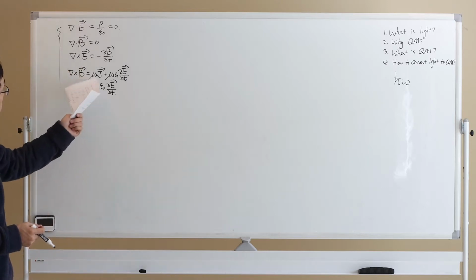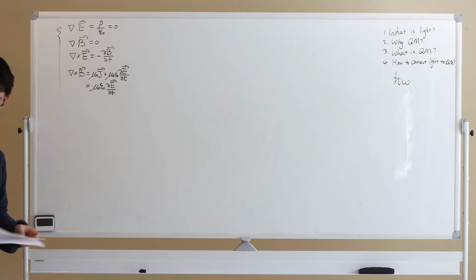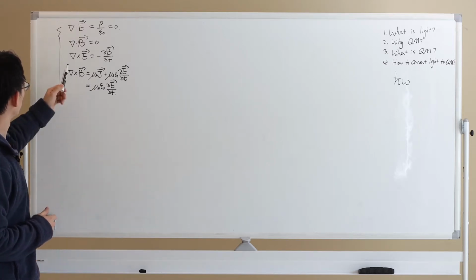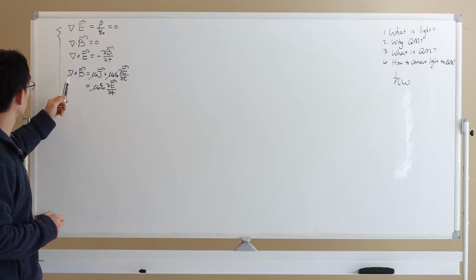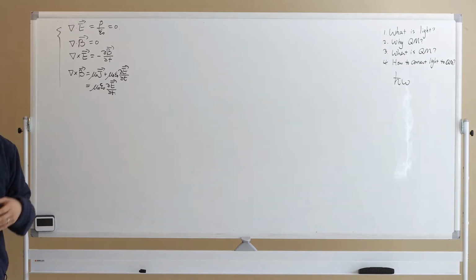So that's why you can leave this at 0. And we know from previous class that if you do a curl on this equation and substitute in that, you actually get a wave equation, and you solve for the speed of light. And this part is fairly straightforward.